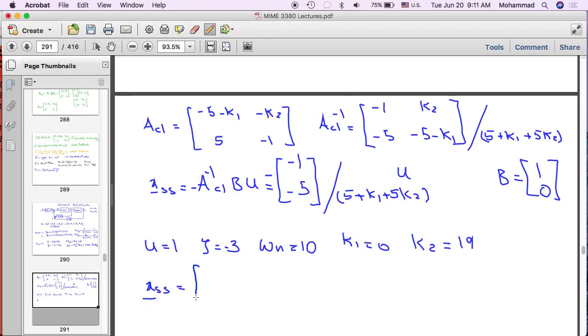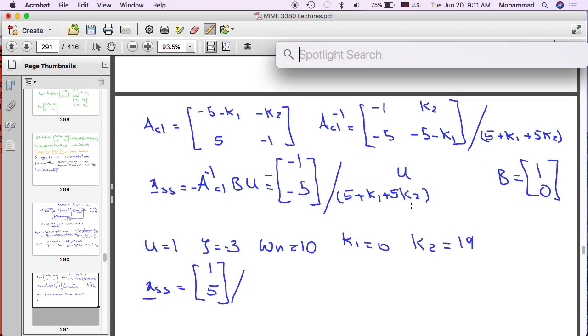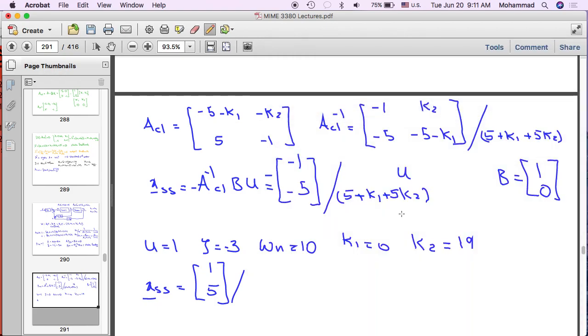Okay, so let's go ahead and calculate x steady state as a vector. So we now know it's positive 1 and positive 5 divided by, what is this number? It is 5 plus 0 plus 5 times 19. So what is 5 times 19? It's 95. So it's 100 basically.